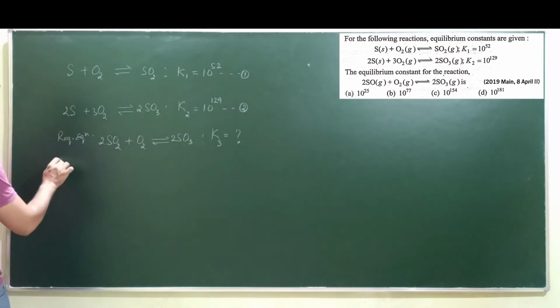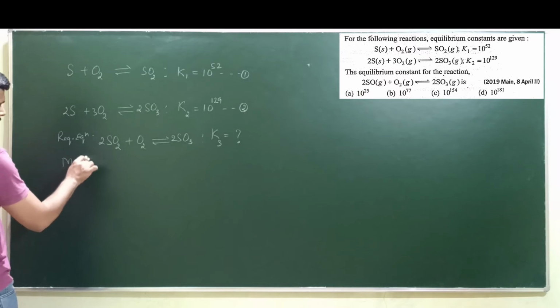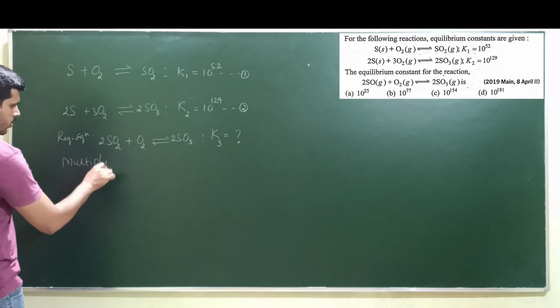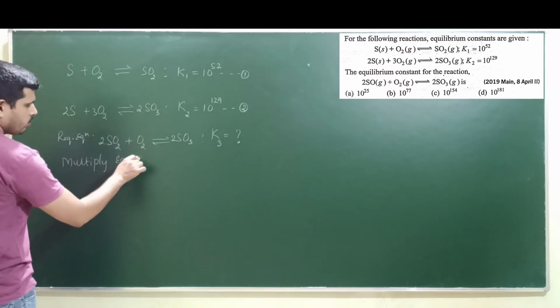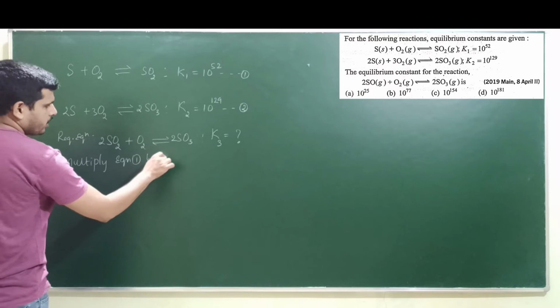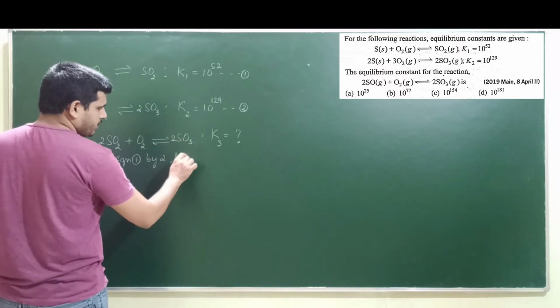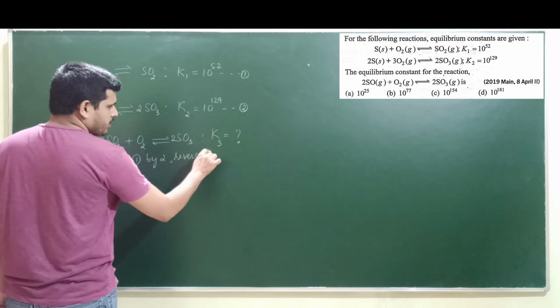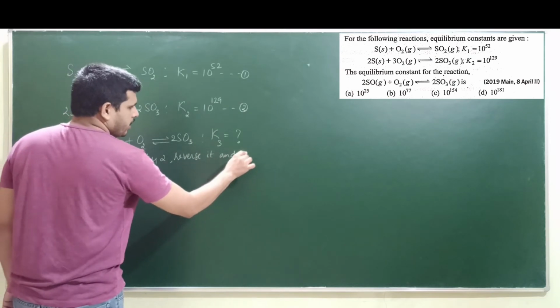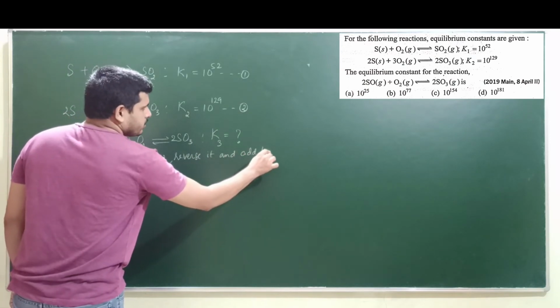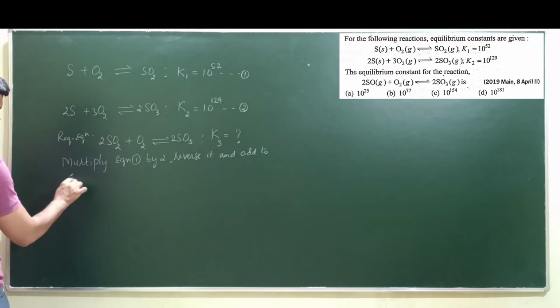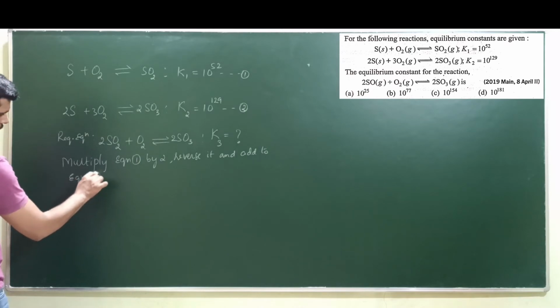So I'll write the operation which we have to perform: multiply equation 1 by 2, reverse it, and add to equation 2.